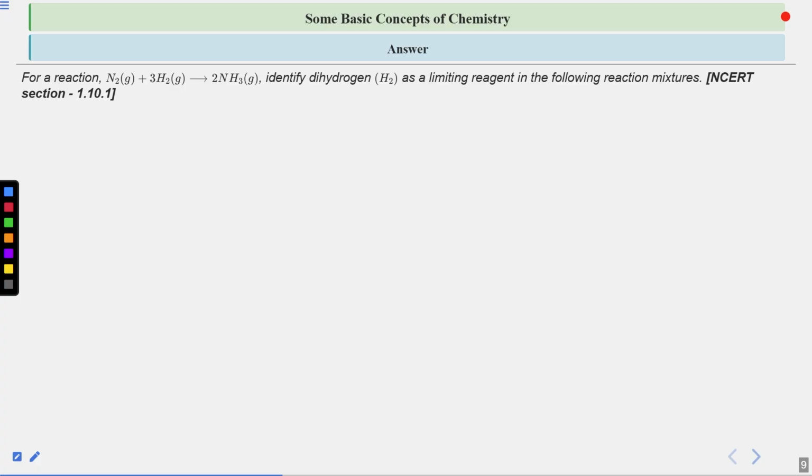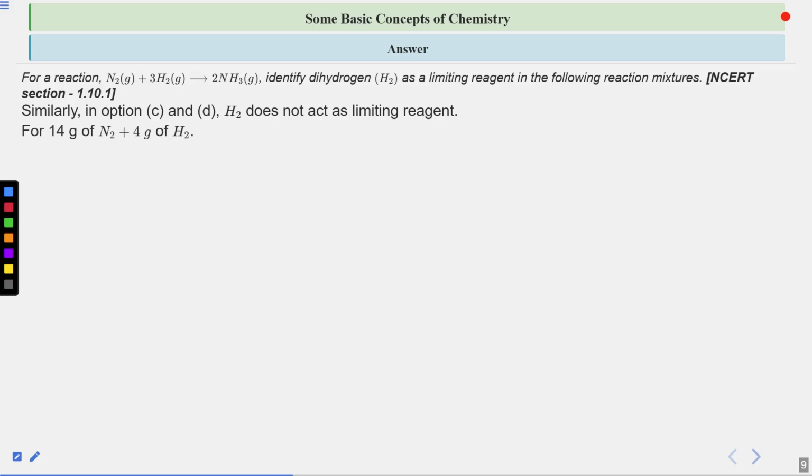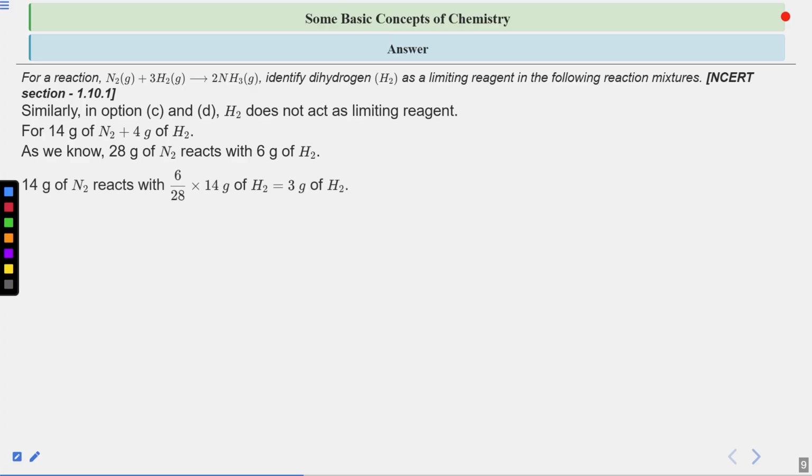Now moving on to the last two options, C and D. In option C, we have 14 grams of N2 with 4 grams of H2. Again, recalling the equation, 28 gram of N2 requires 6 grams of H2. So 14 gram will require 6 by 28 into 14, which gives 3 grams of H2.